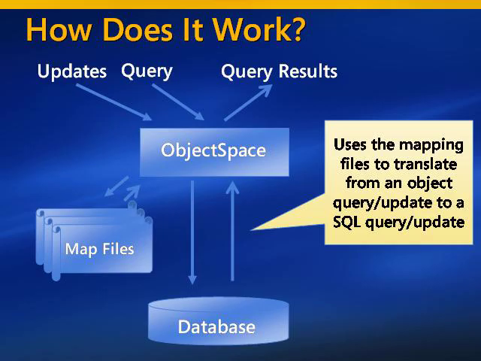Retrieve data from the database and materialize objects from this data. Once you have your objects in memory, you can modify your objects and then go to the object space again and say, okay, persist those modifications. The object space looks in the mapping file and submits the right set of insert, update, or delete statements.